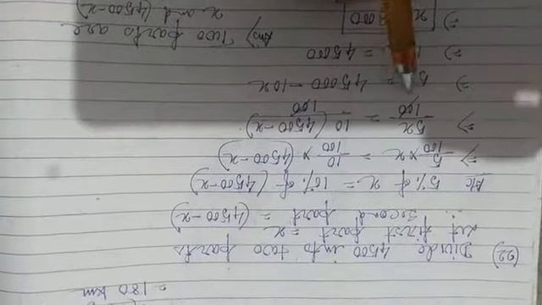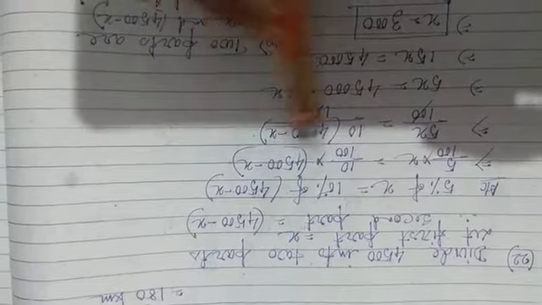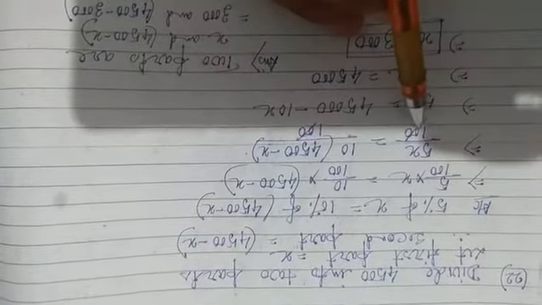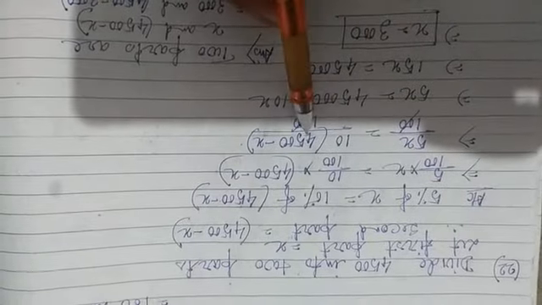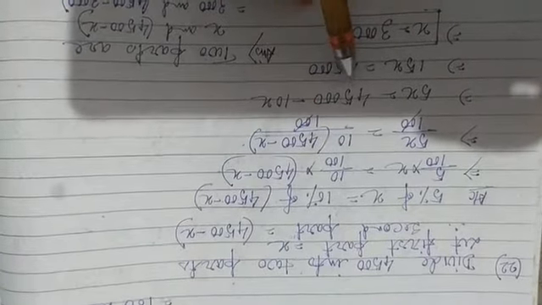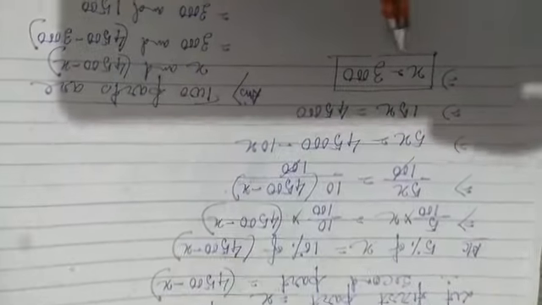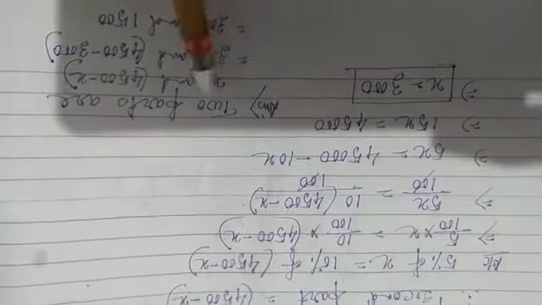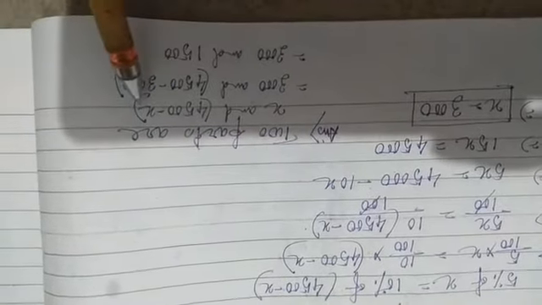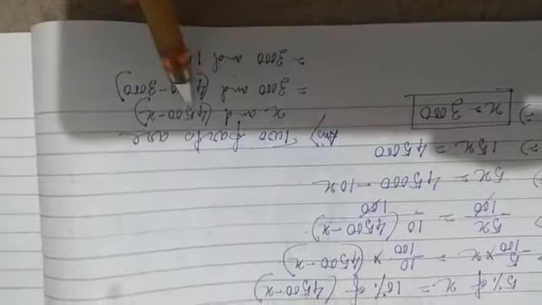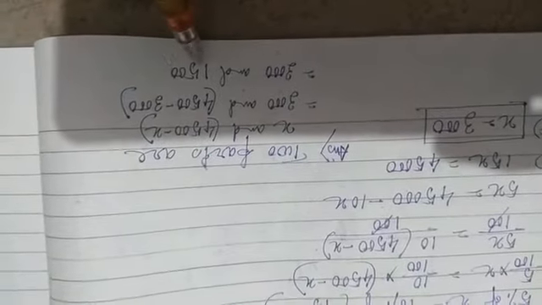So 5x by 100 equals 10 into 4500 minus x by 100. Cut the 100 denominators. So 5x equals 4500 into 10, so 45,000 minus 10x. So after simplification, x equals 3000. So the two parts are x and 4500 minus x, that is 3000, and 4500 minus 3000 equals 1500.